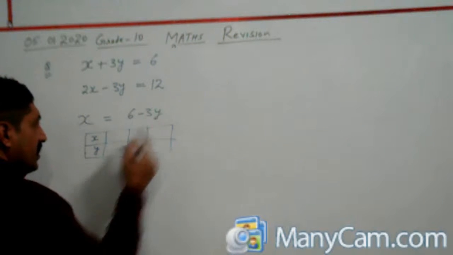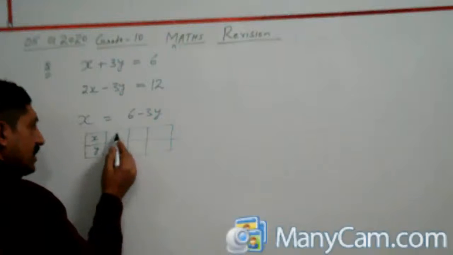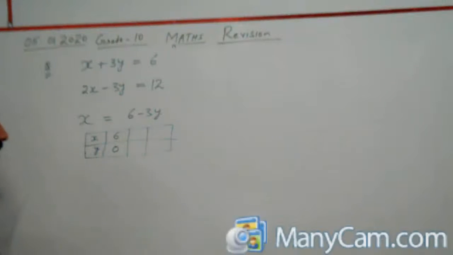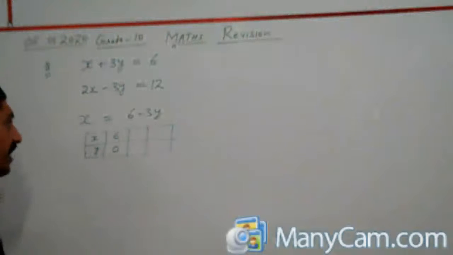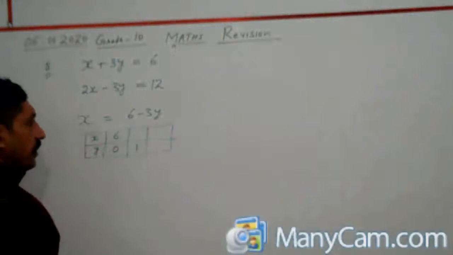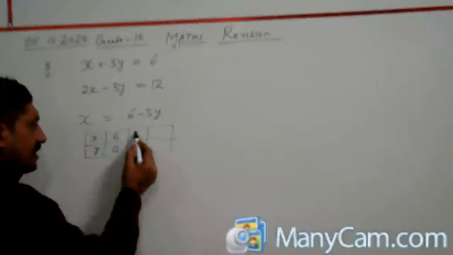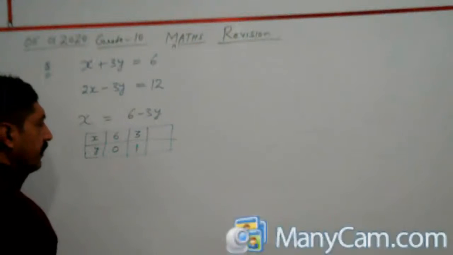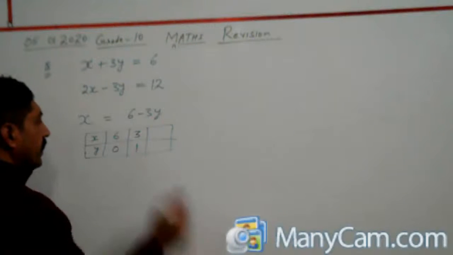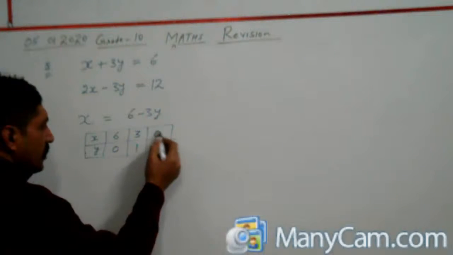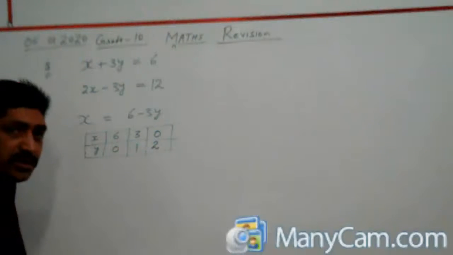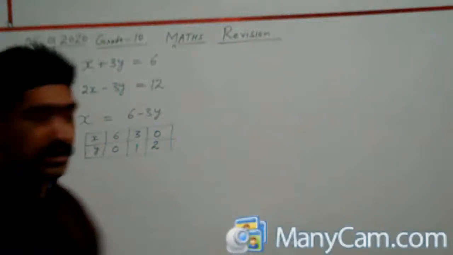If y is 0, x is 6. If y is 1, x is 3. And if y is 2, x is 0. These are the solutions of the first equation.